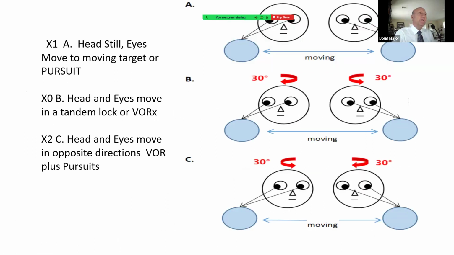Other way the therapists look at this has to do with using the motion portion. An X1, they suggest the head still and the eyes move. We would call that, of course, a smooth pursuit movement. An XO, where the head and eyes are locked together in tandem, we'll call that a VOR cancellation movement.